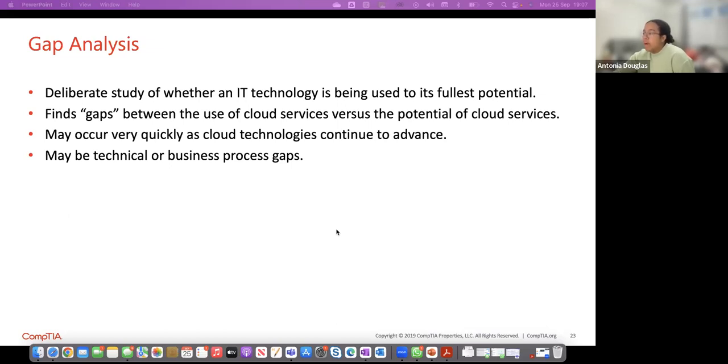The gap may occur from a technology perspective or from a business perspective. For example, some businesses will already have begun moving services and applications to the cloud before an enterprise-wide mandate has been established.